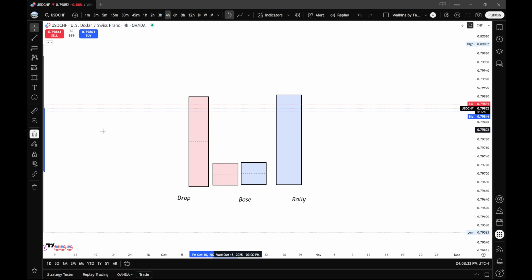So once again, we mark up using the base and the wicks. So let's say this has a wick like that. The rally has a longer one, and the base had it like that, right?